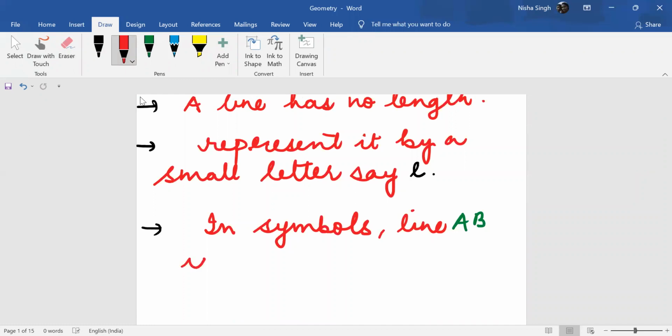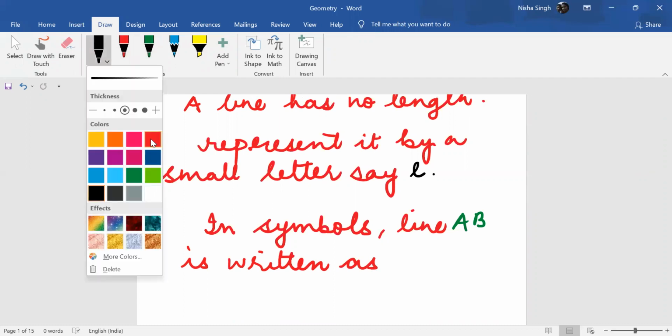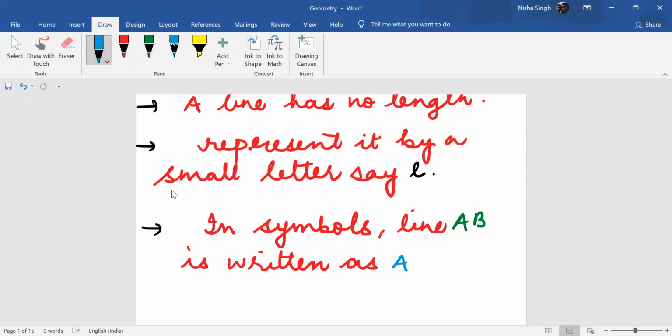You can write it as AB, and then you will make a symbol of line over it. So it will indicate that you're talking about line AB. This is the important point. So in short, in symbol, we can write like this.